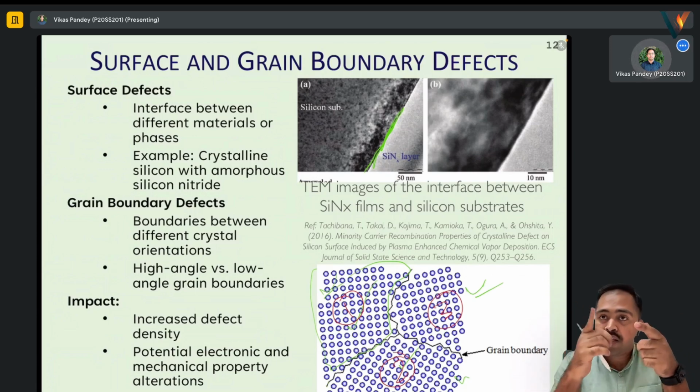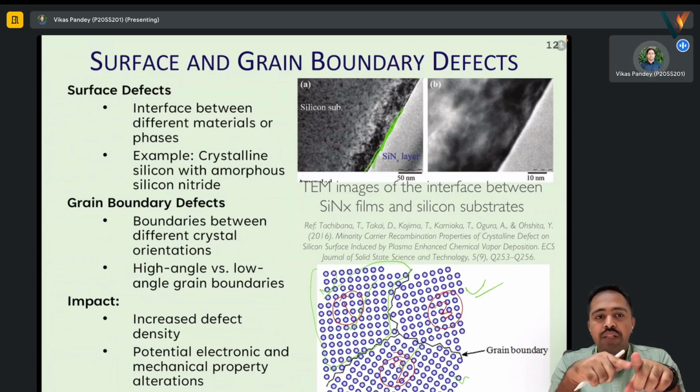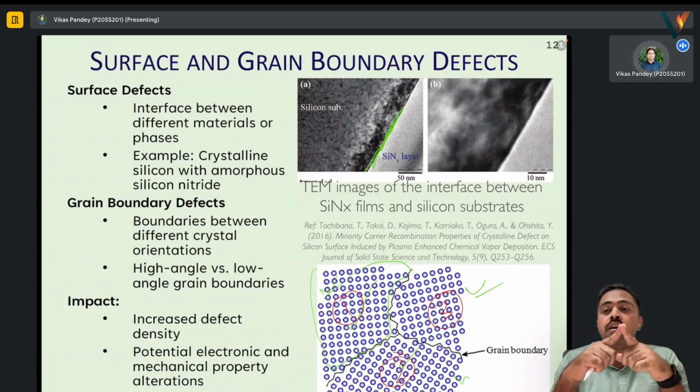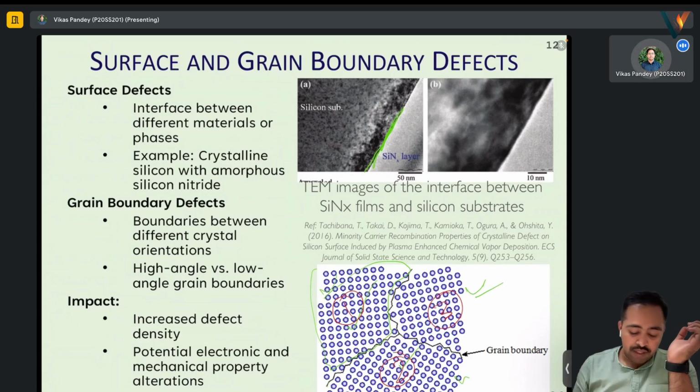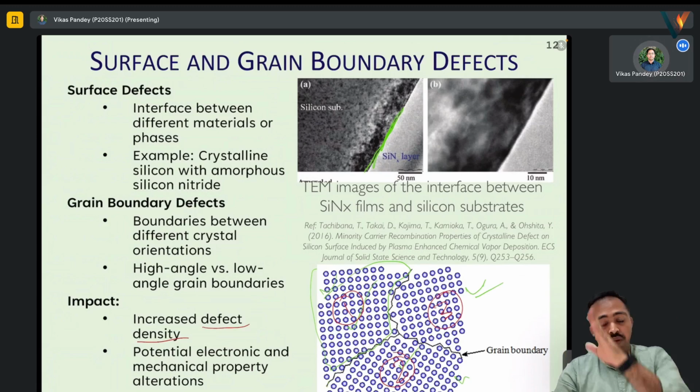Then there is some defect throughout this merger or place where these boundaries occur. Okay, so there can be two types of grain boundaries: high angle or low angle grain boundaries. What is the effect of this? It increases the defect density because it is not just one but multiple defects.